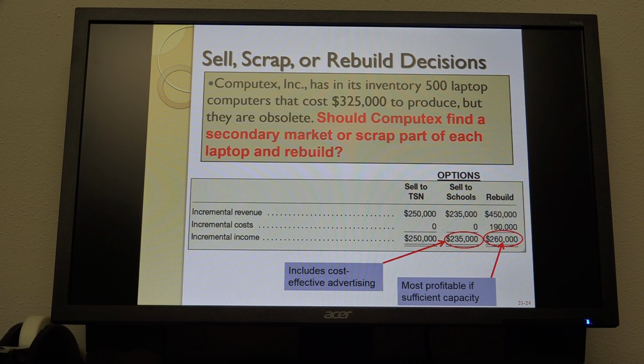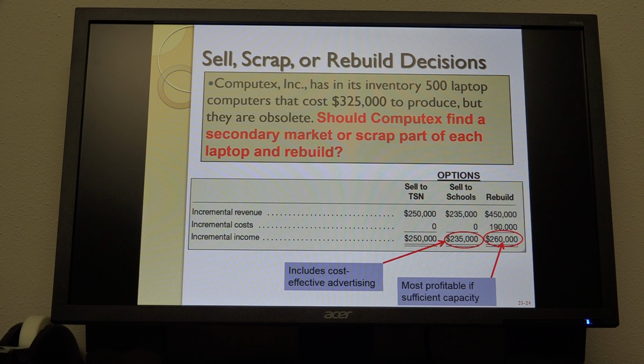Now, what options they have are to sell to a company called TSN, Television Shopping Network, for $250,000. So no incremental cost from that, it's just all incremental revenue.